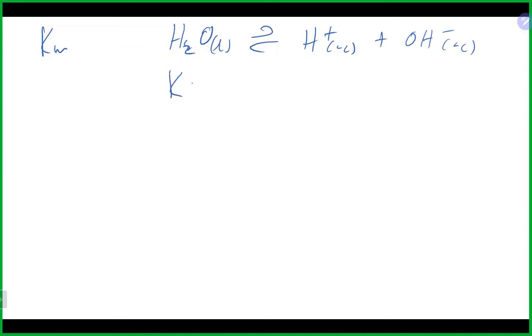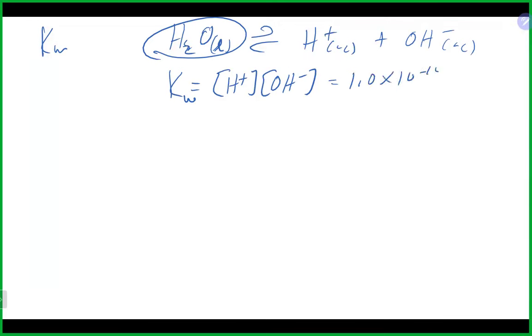And surprisingly enough, we take our products, which is H plus times OH minus, and we divide it by our reactant. Should I include water? It is a liquid, right? It is not included. That's why when we did Kw, there is no water on the bottom there. It is just the concentration of H plus times concentration of OH minus, and that was the one that equaled 1 times 10 to the minus 14. That's actually an equilibrium expression and an equilibrium constant, which is what Kw is.